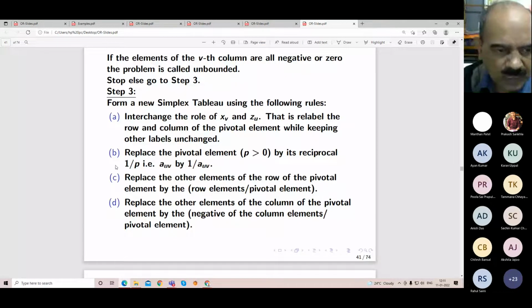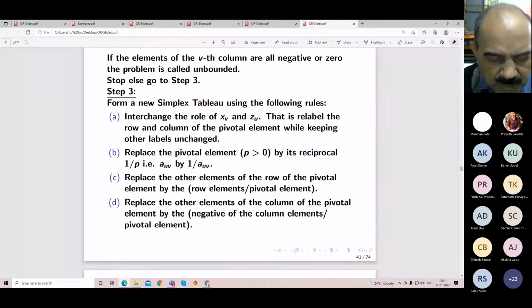Once it is completed, when we are going from one table to another table, we will draw a similar table. After drawing a similar table, interchange the role of XB and ZU, these two labels. Other labels remain as they are. Then we will try to fill up this table.